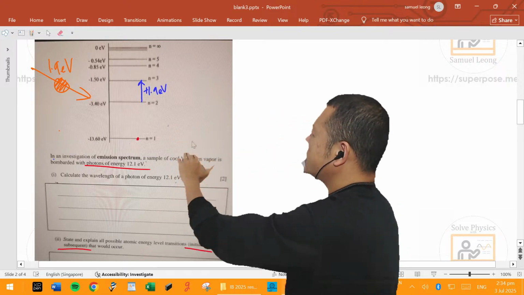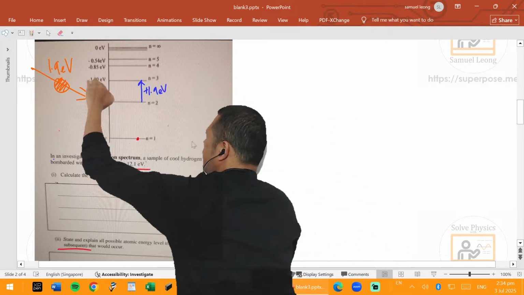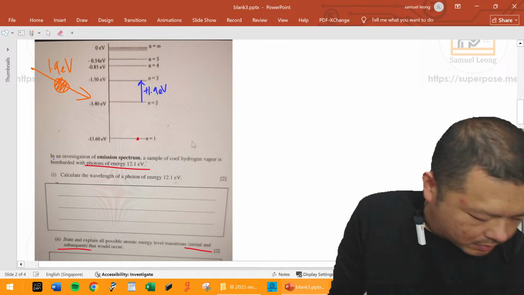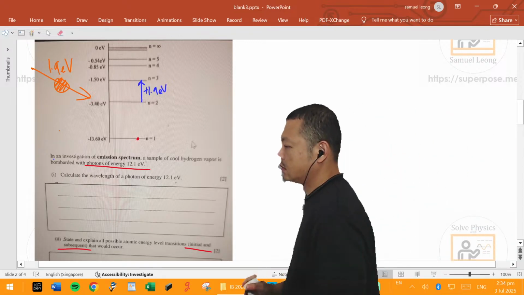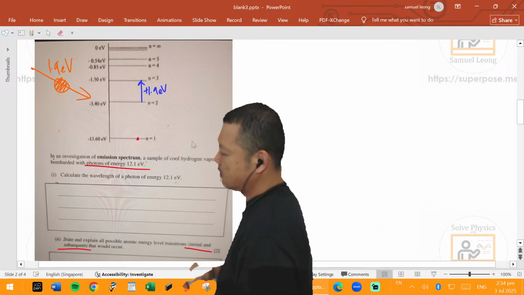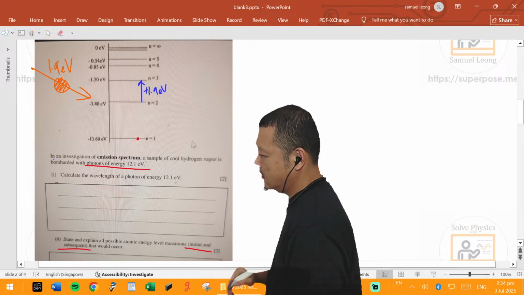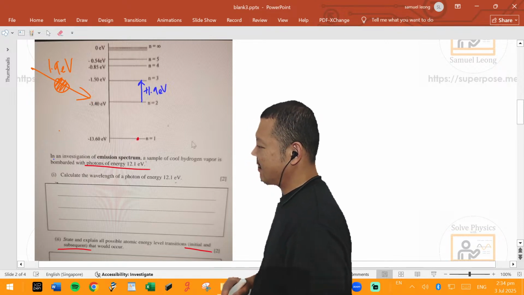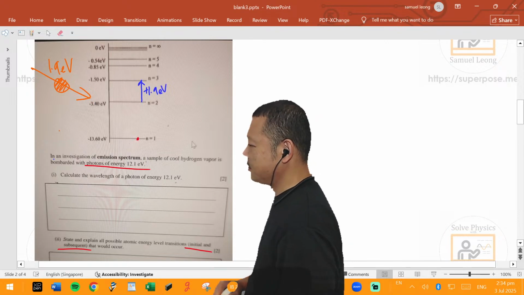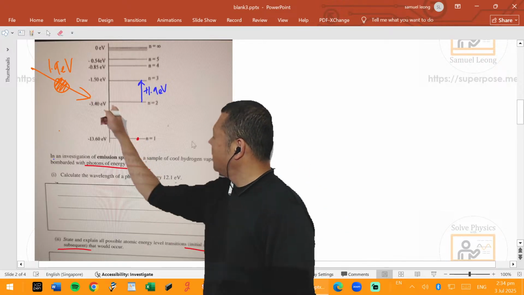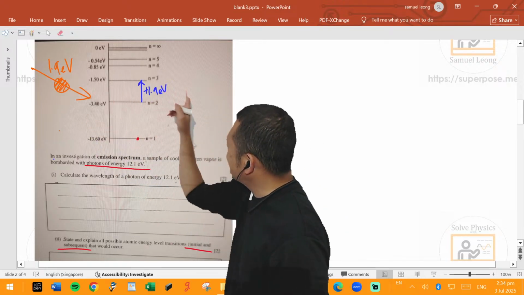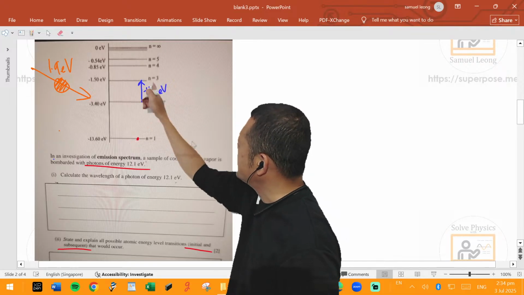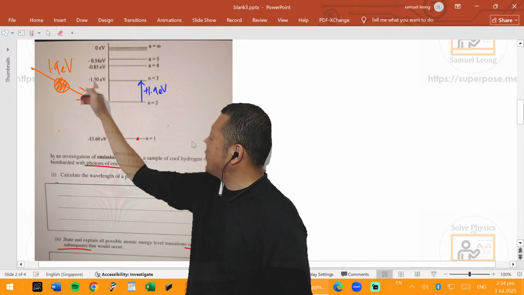So my question is, will this photon be absorbed? You see? I'm trying to coerce you into saying yes. The photon of 1.9 eV matches exactly this one, 1.9 eV, right? So will this photon be absorbed?